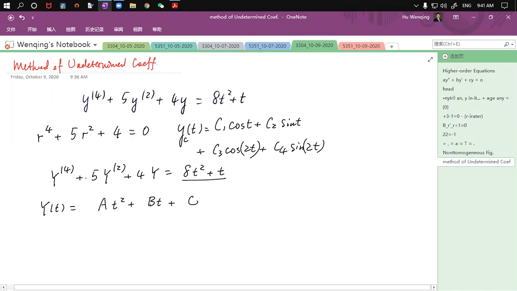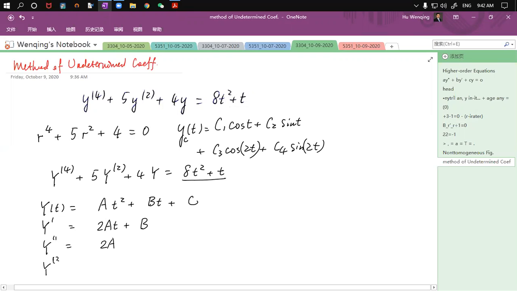And therefore, you just have to take derivatives. However, this type of problem can sometimes be pretty tedious because you have to take a lot of derivatives. You have second and fourth derivatives, so that's not enough. So y prime is equal to 2at plus b, and y double prime, the second derivative, is 2a.